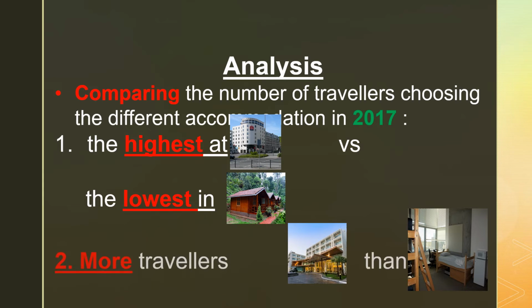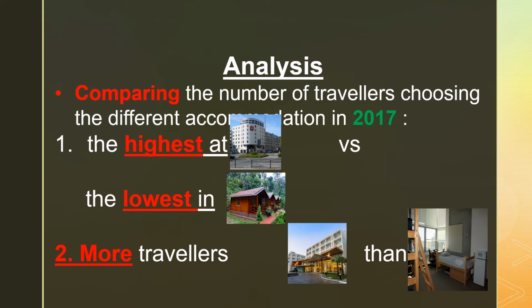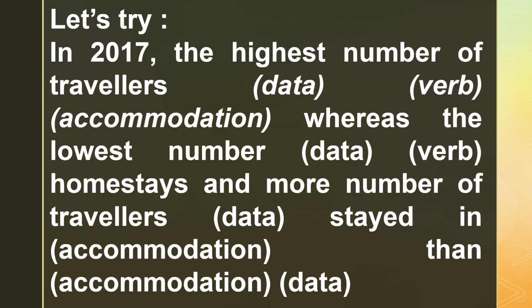Okay, question 2, more travelers. You use the correct verb here for service apartment, and then you're going to compare with dormitories. All right, so here you're going to do it yourself.